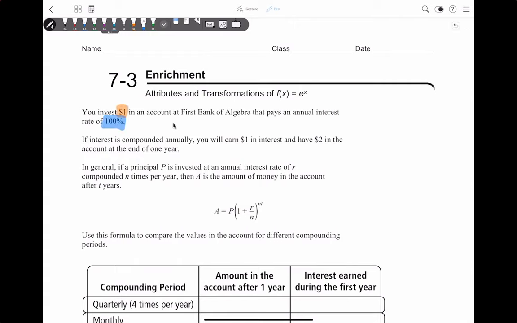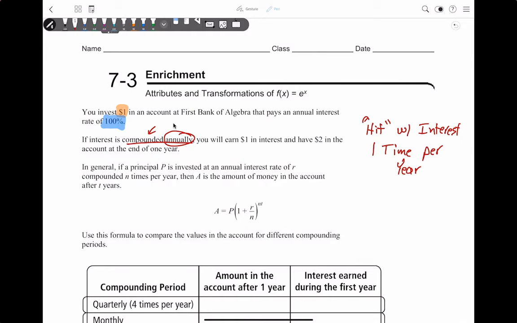So if the interest rate is compounded annually, that means you're hit with interest. When it's compounded, it's basically saying you're hit with interest. In this case, annually means one time per year. If you were hit semi-annually, it would be 2 times a year.